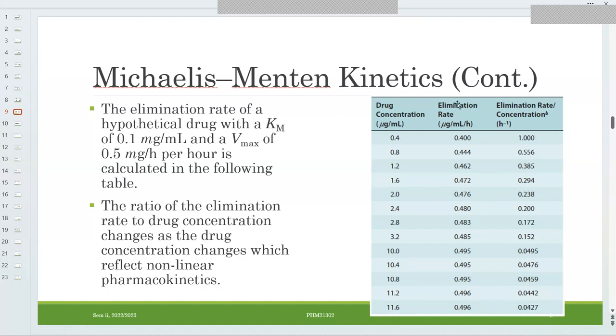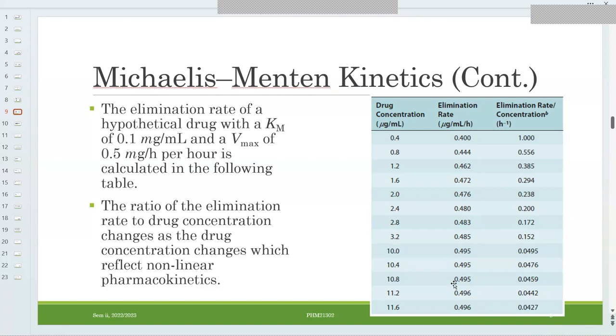Let's calculate the elimination rate, and we divide the elimination rate by concentration. We calculate the ratio. If you see, the elimination rate is increasing, and then at a certain concentration, the elimination rate will not increase anymore.